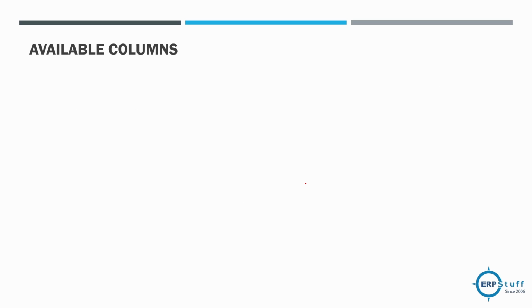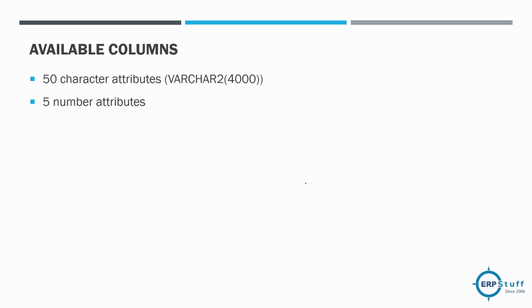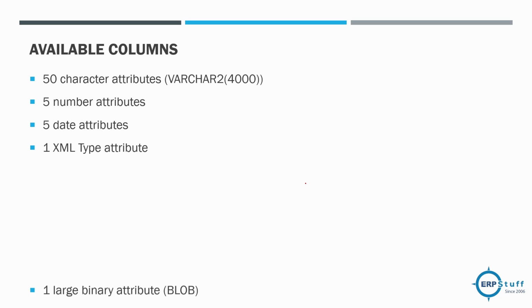Oracle Apex has provided around 50 character attributes. You can say it is a long table with 50 varchar columns, 5 number columns, and 5 date columns. It is up to you how many you want to use, but there are limitations.